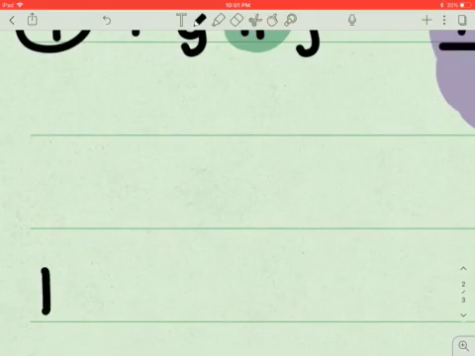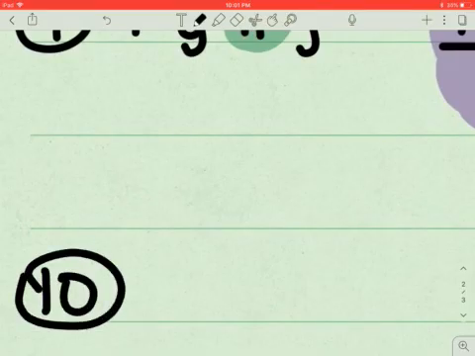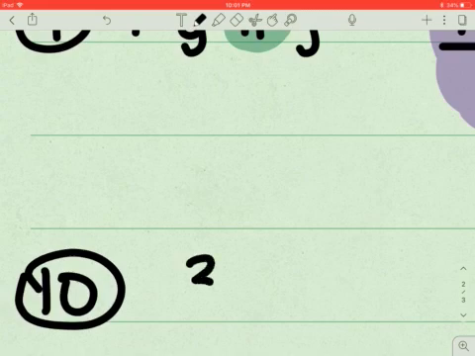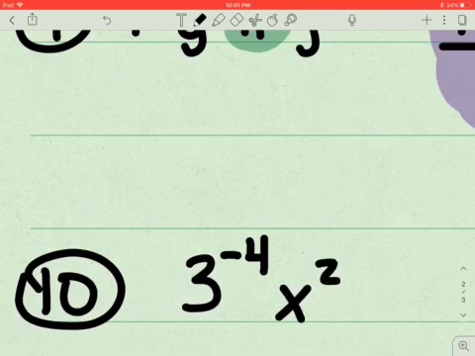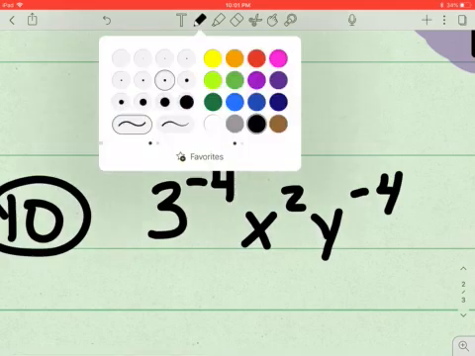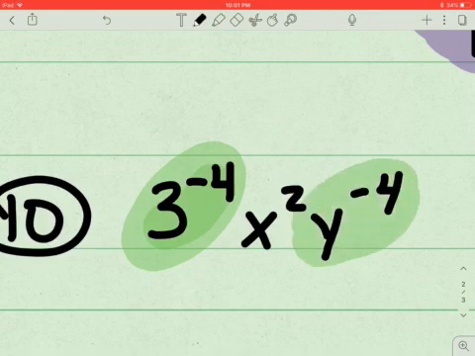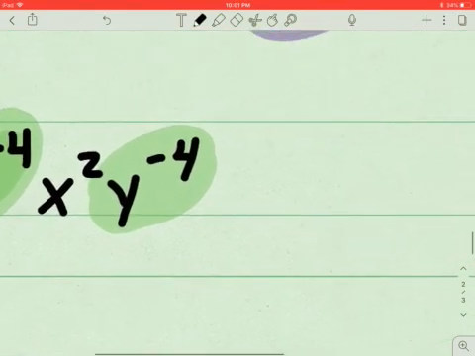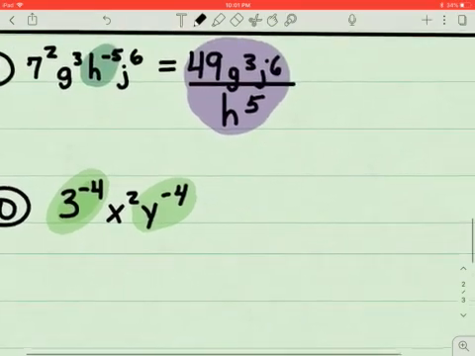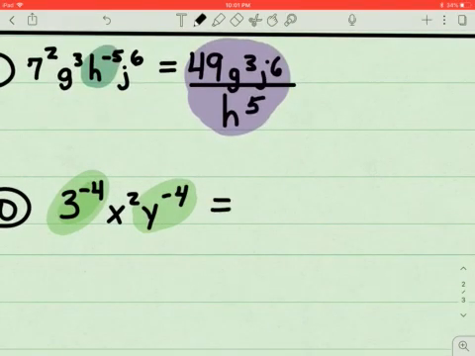All right, last example, number 10. I might give you something that looks like, say, 3 to the negative fourth, x to the second, y to the negative fourth. So step 1, identify those terms that have a negative exponent. There's a term, and there's a term. So I could start off by rewriting this as x squared in my numerator.